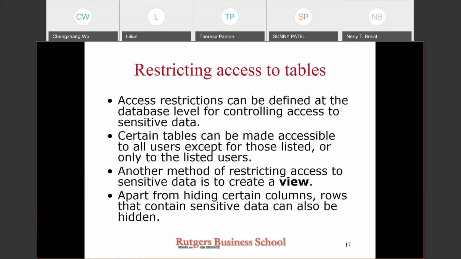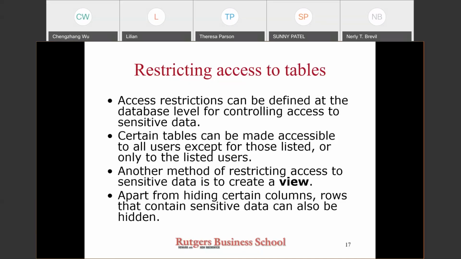For example, a view can be constructed for the employee table that hides the salary and home phone number fields. The rest of the data in the employee table, such as the name, cell phone number, and email address, would appear in the view.